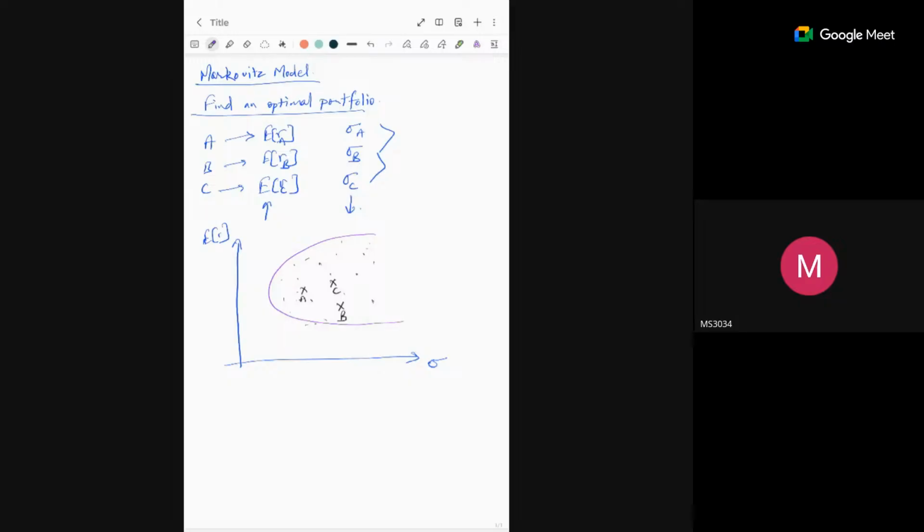This leftmost boundary is what we call the minimum variance set. Why minimum variance set? Let me take an example. Given any expected return, you want minimum standard deviation, or I am saying variance. Variance is the square of your standard deviation only.